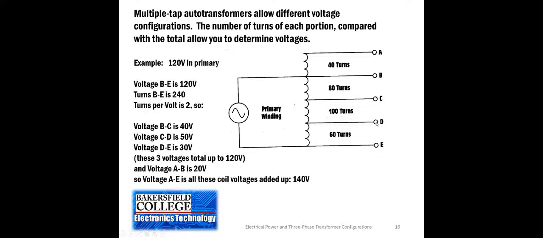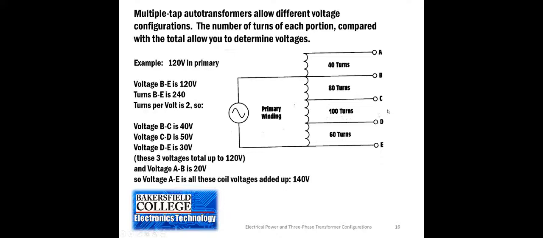If I take 60 turns divided by 2, there's 30 volts between D and E. If I connect C and E, I would have 30 plus 50, which is 80 volts. Between B and D, there would be 40 plus 50, which is 90 volts.